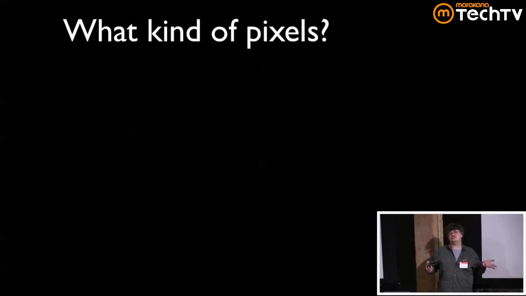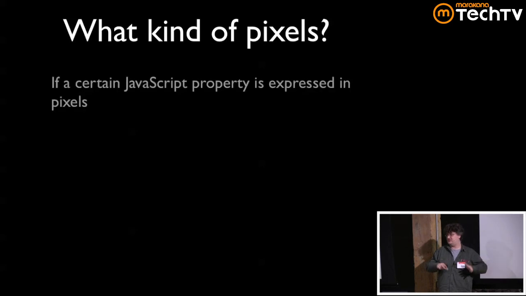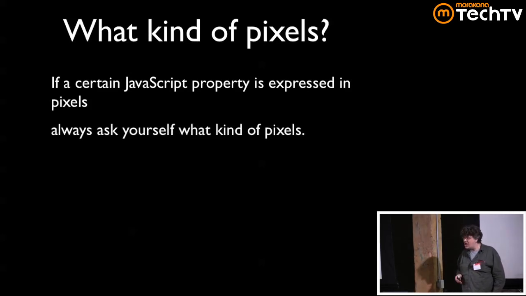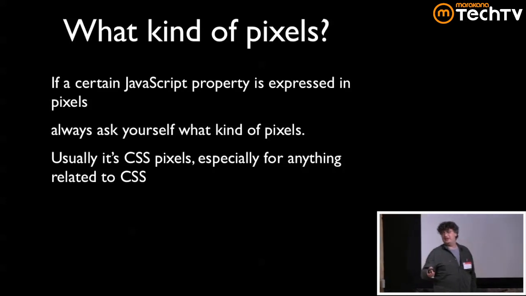Okay, so what kind of pixels do you encounter in practice? As I said, in CSS, everything is CSS pixels. That's really simple. In JavaScript, most of those properties that are expressed in pixels are actually also CSS pixels, because that's what we need to know as web developers, right?